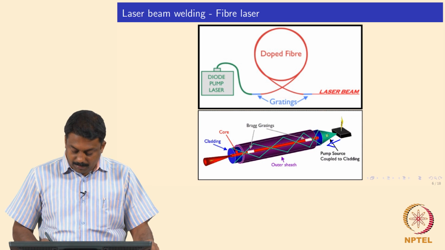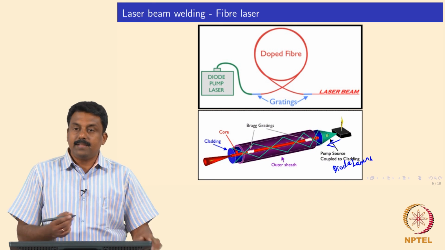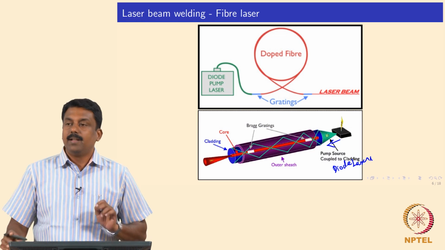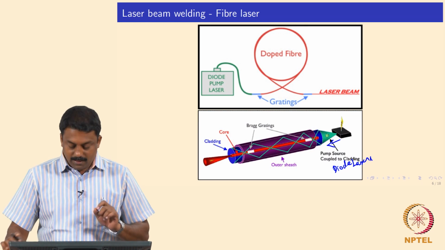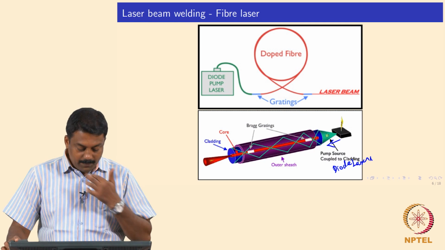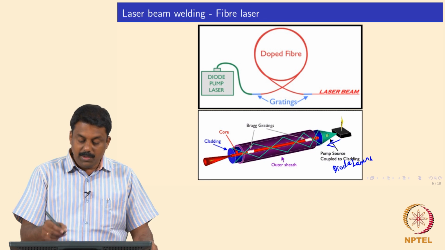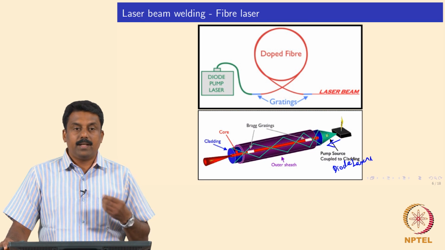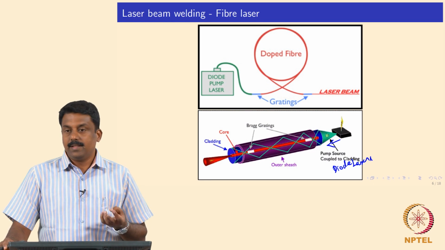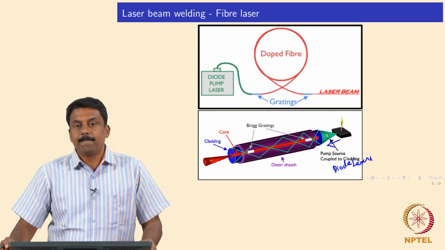So, in most cases the pump source is a diode laser, and these diode lasers send the primary pumping laser source, and that source is sent into the optical fibers which have reflective surfaces, which are mostly doped with highly reflective mirrors, mostly like a gold surface.